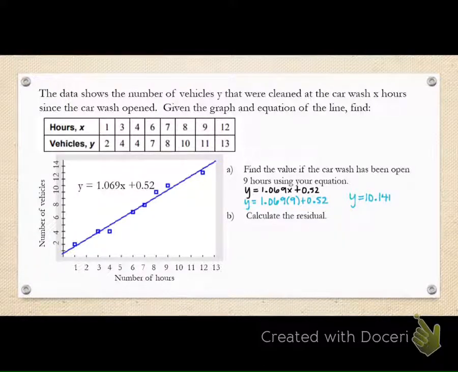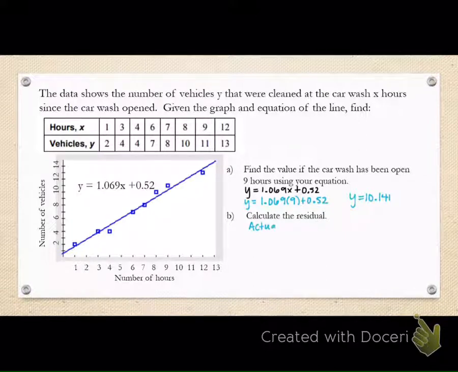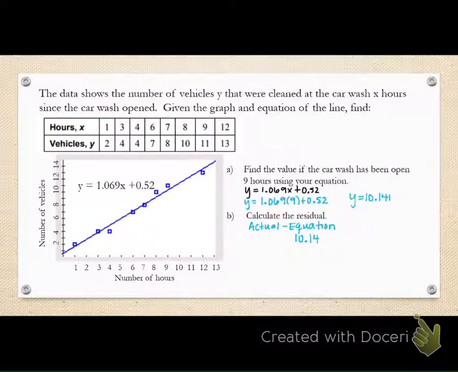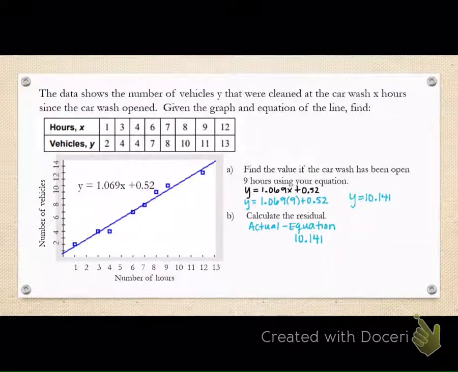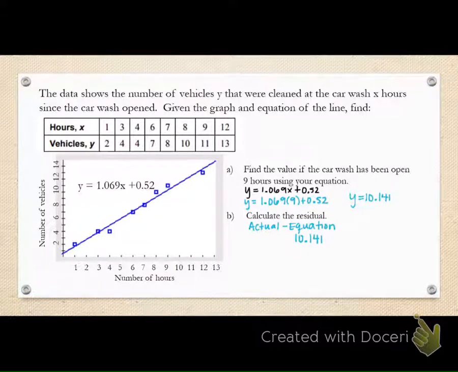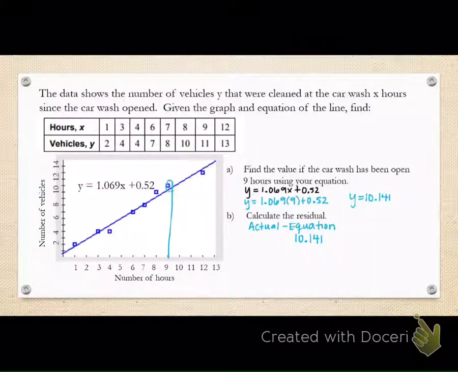So when you calculate the residual, you calculate the actual minus the equation. So we know that the equation is 10.141. What is the value at 9 for the actual? Yeah, it's this point here, which is 9, 11. You'll see that there on the graph.